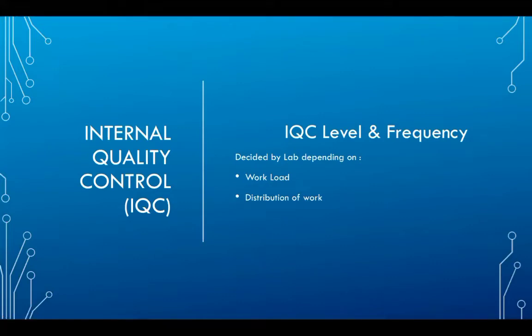Sometimes people say how many controls we have to run, how frequently. It is decided based on your workload, based on distribution of your work. Two laboratories are receiving 600 samples per day. One laboratory is receiving 600 samples in the morning time, and they are finishing all their tests by 2 o'clock.